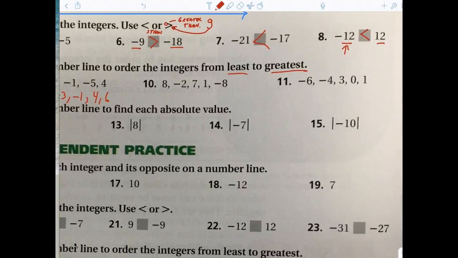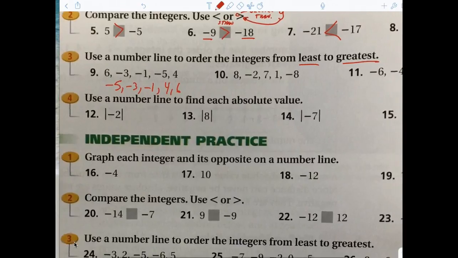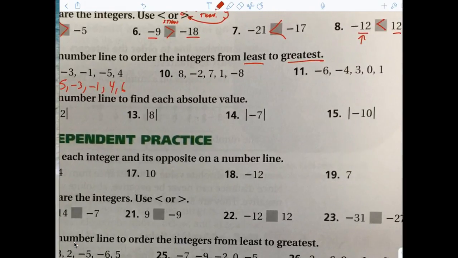Jack, you're up. Small to large, go. -8, -2, 1, and 7. And what else?